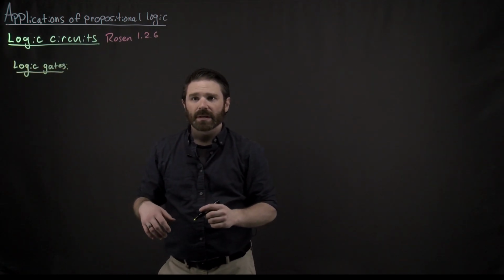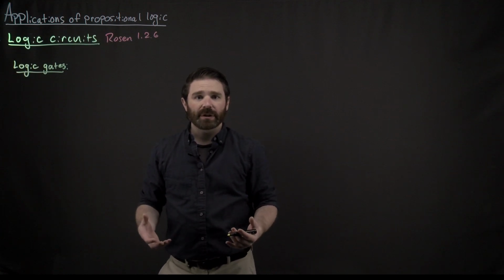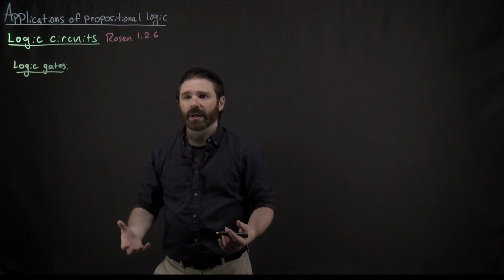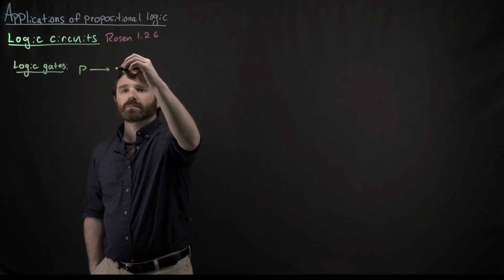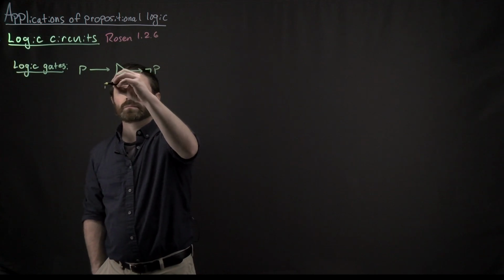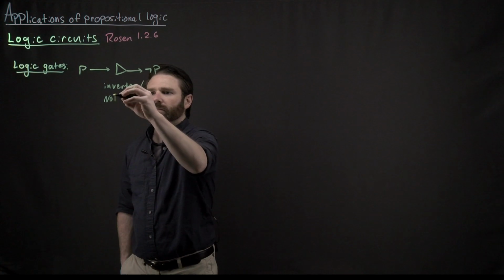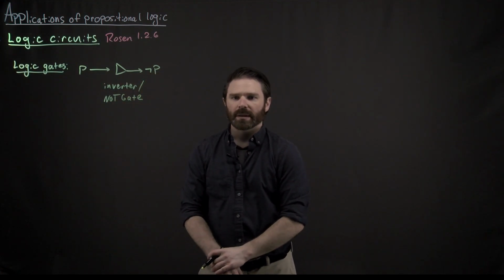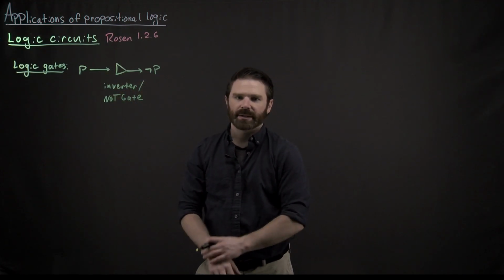logic gates. So these logic gates are a diagrammatic representation of the different logical operators that we have seen so far. So here, our very first one is an inverter. This right here is a diagrammatic representation of a not.